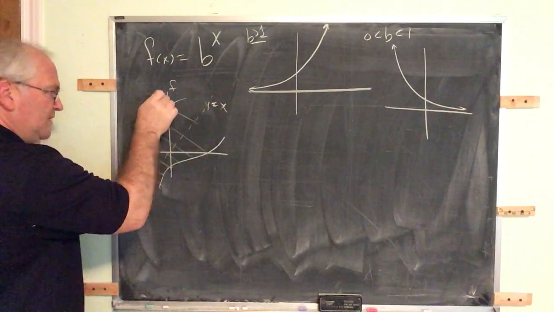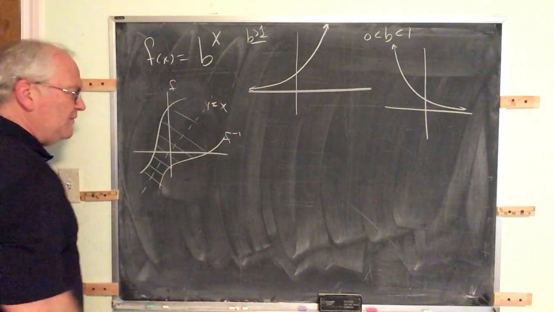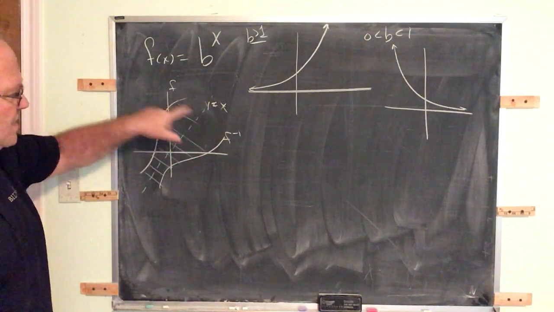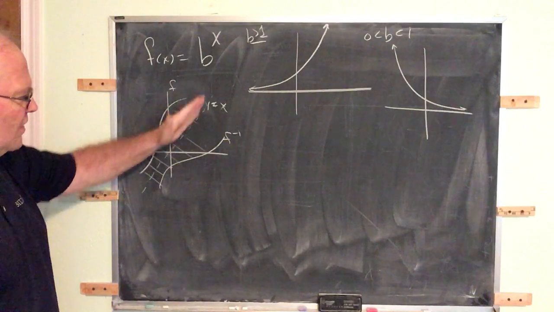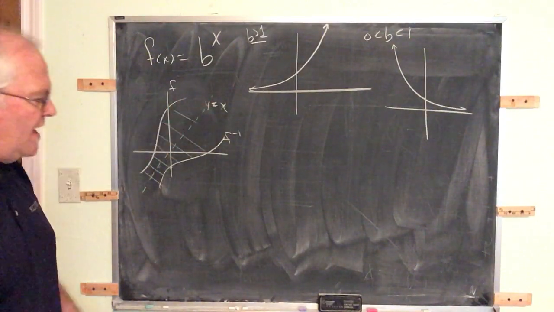So if this is f, this is f inverse. So these functions are inverses of each other. They are the reflection of each other across this diagonal line y equals x.